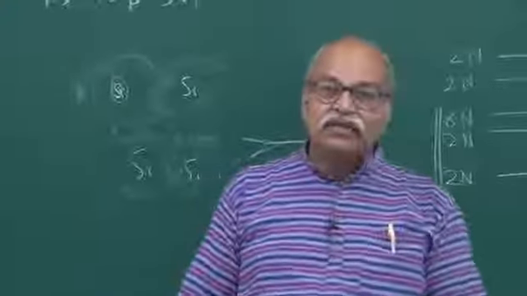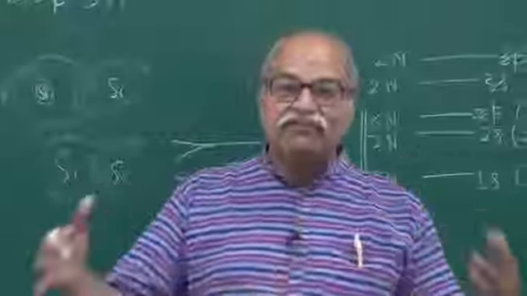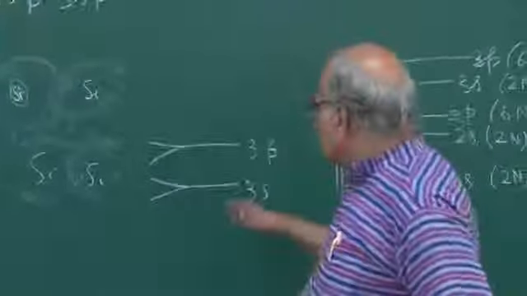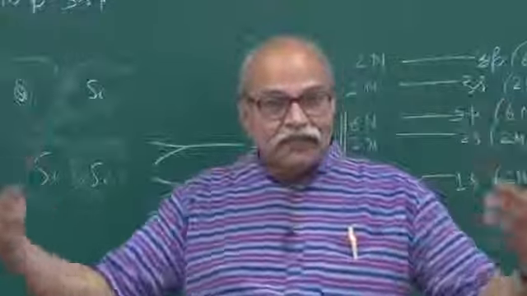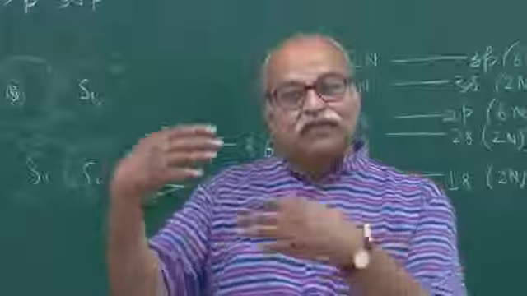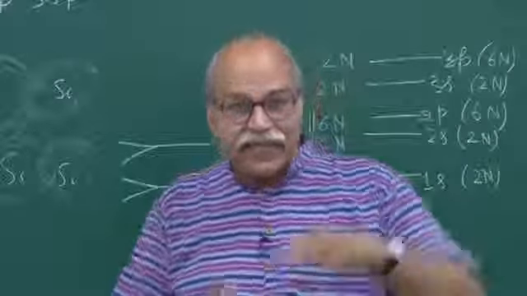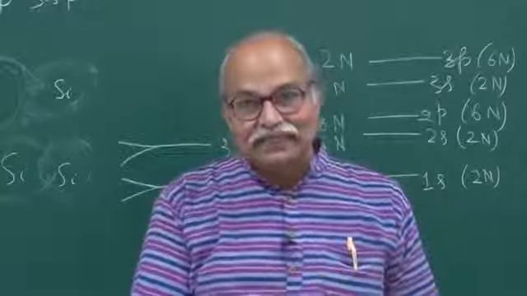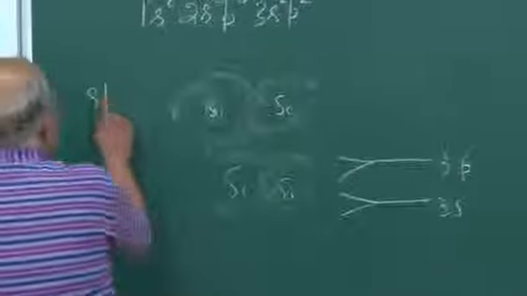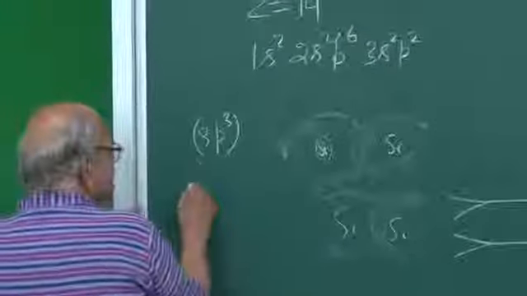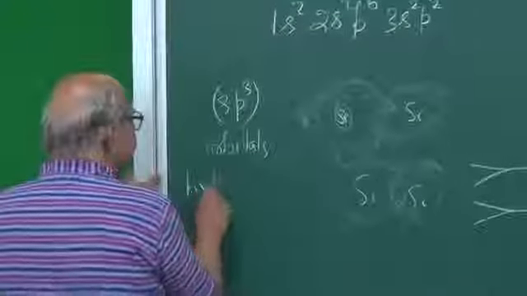So you construct linear combinations of these S wave functions and P wave functions. A total of 8N quantum states are there, and you again get 8N independent quantum states, but the wave functions of these sp3 states will be very different from S states and P states. So this is known as sp3 orbitals or sp3 hybridization.